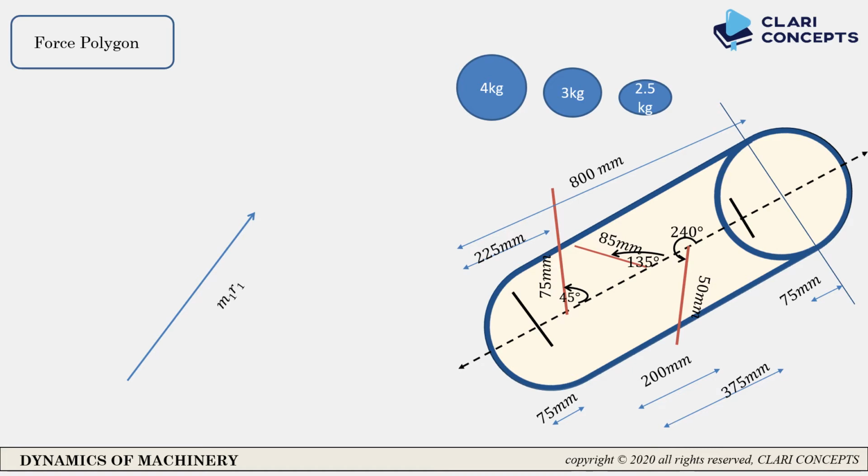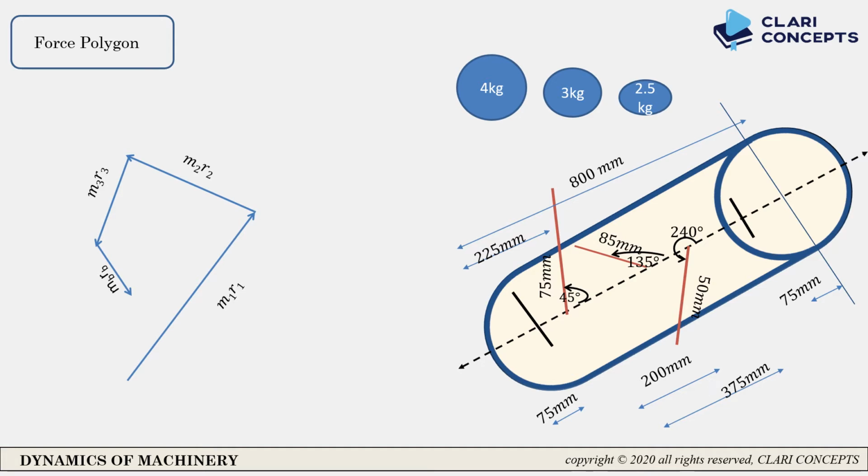Now the same you can draw for mass m2, which is m2 r2, and for mass 3, m3 r3. Now you know the value of plane B, which is MB and RB. So you can draw MB RB at theta B angle from the x-axis in the anti-clockwise direction.